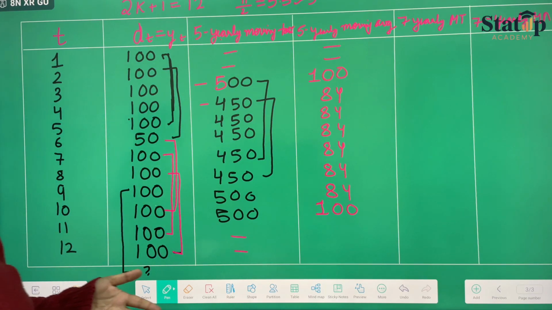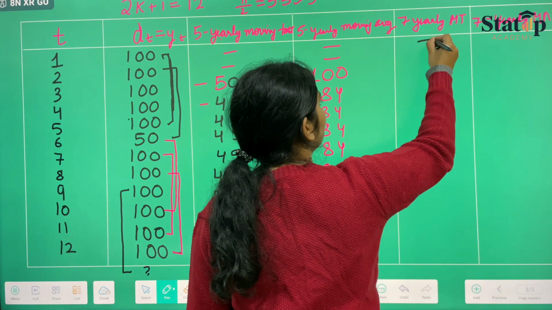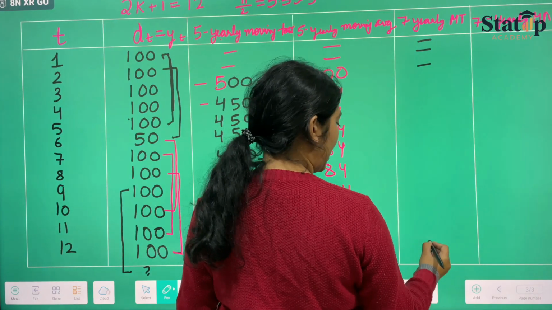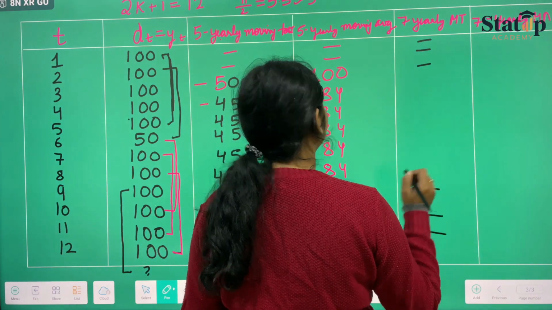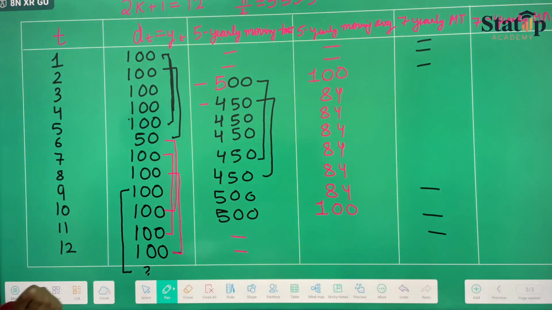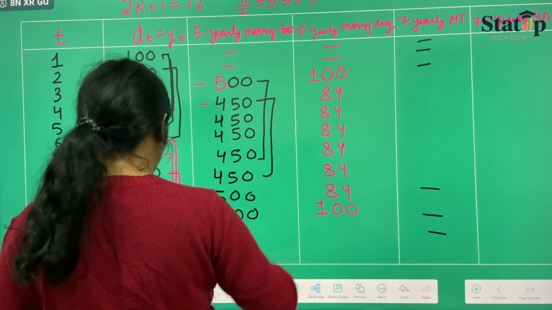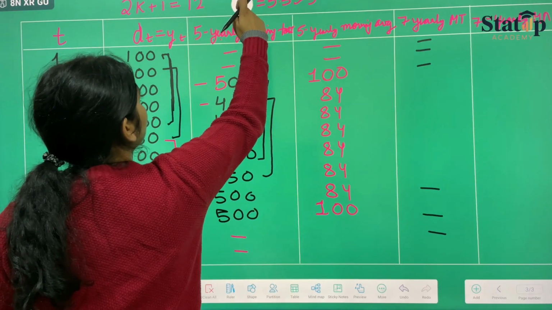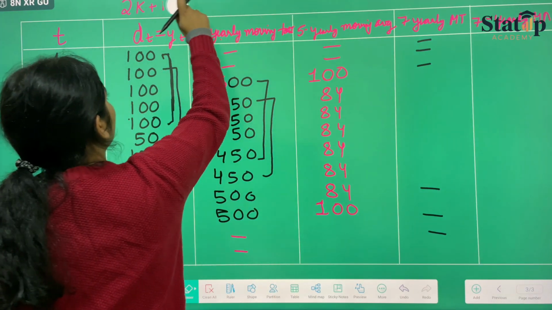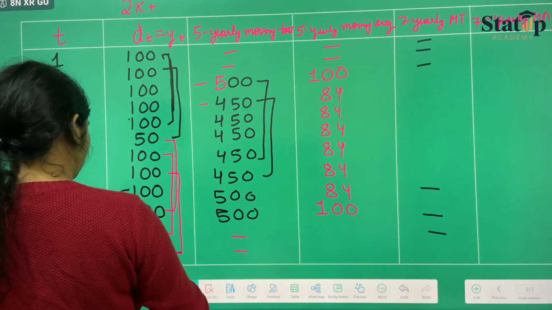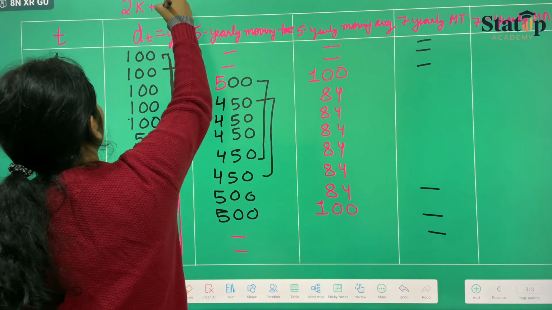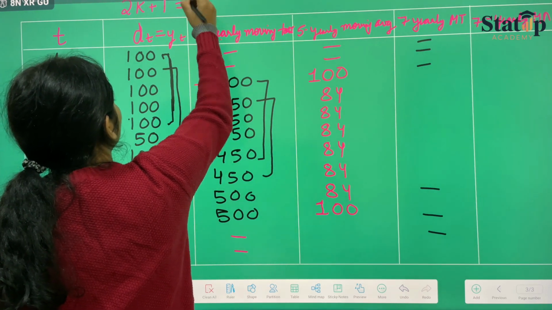Similarly, in the 7 year moving average, we'll skip 3 above and 3 below, because it is a 7 year moving average. The confusion here is that this is 2k plus 1 is equal to 5.